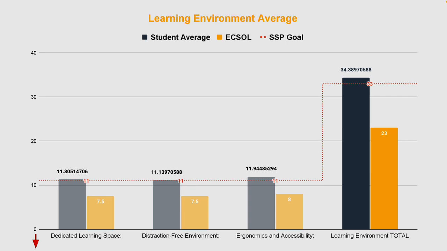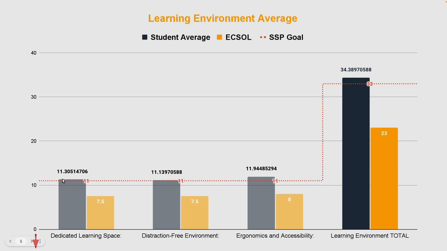The next one we're looking at is the learning environment average. Now, we met this, but barely. We did really well with the ergonomics and accessibility, so there seems to be good evidence that when students are at their desks and working in their dedicated learning space, that space is set up and ready to serve their academic needs, which is why we end up ahead of our goal here in the learning environment total.